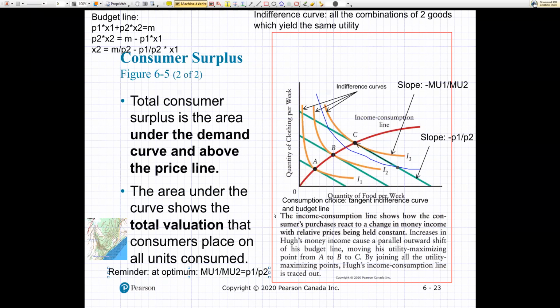And you see this exactly in this graph, because the slope of the indifference curve is minus MU1 divided by MU2, and the slope of the budget line is minus P1 divided by P2. So of course, if you're at point C where they are tangent, then you get that MU1 divided by MU2 equals P1 divided by P2. When you see optimization, it's going to become so much easier. But right now that's the most I can tell you.